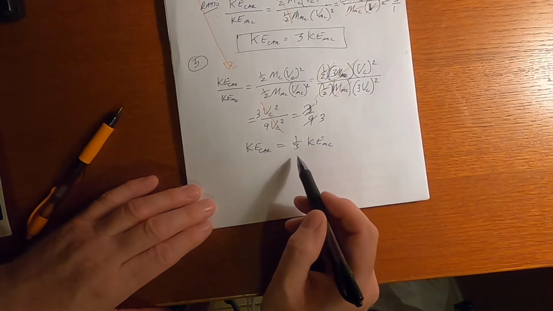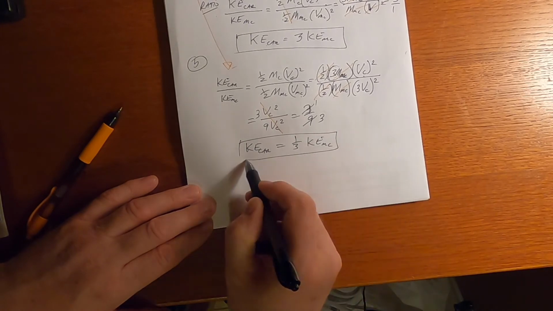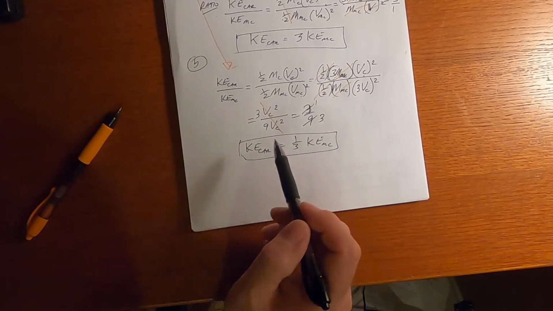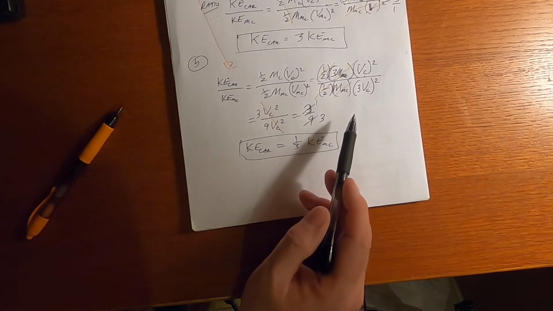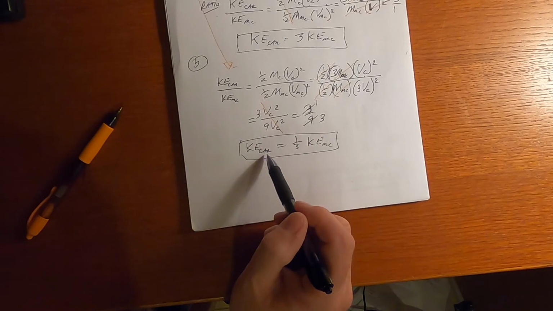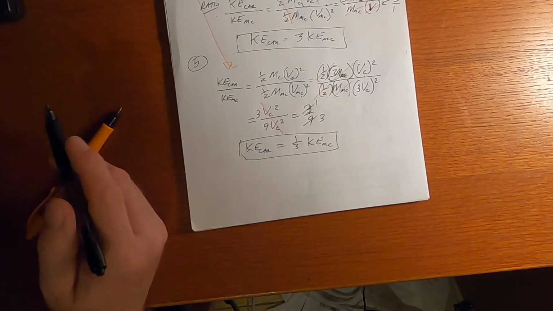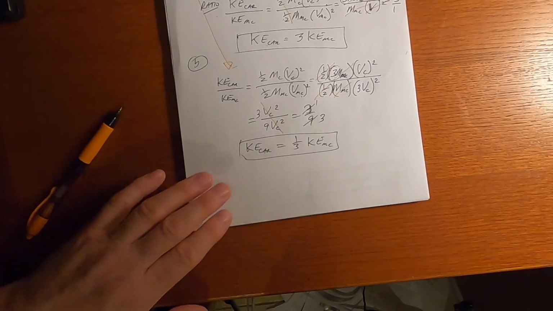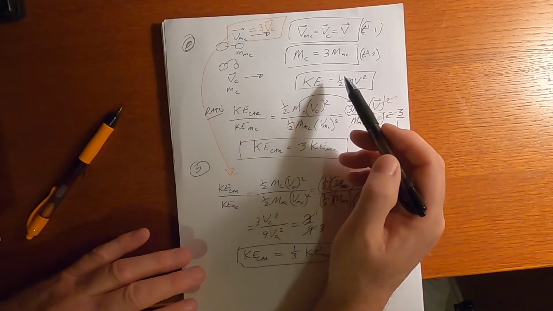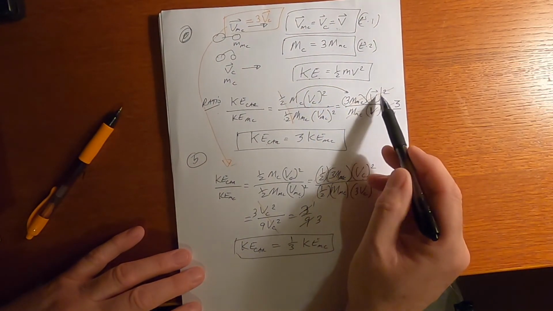So even though the car has 3 times the mass, if you increase the motorcycle's speed three times, now the car doesn't even have the kinetic energy of the motorcycle, only 1/3 of it, and that is because the mass is linearly proportional, but the speed is squared.